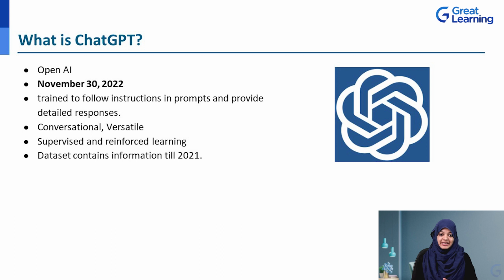The reason for this is that it uses two learning techniques known as supervised learning as well as reinforcement learning. These two techniques not only help ChatGPT emulate a conversation, they also help it remember an earlier conversation or prompt and reply as per that conversation, or implement the learnings from that earlier conversation into any of the future conversations that it might have with another human too. So this is what supervised and reinforcement learning actually helps with.